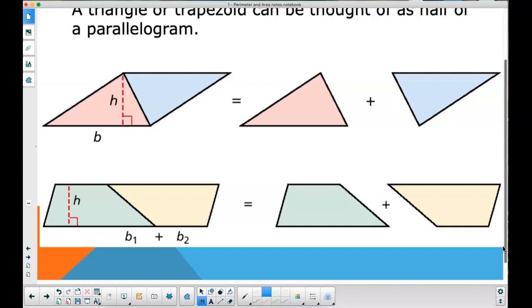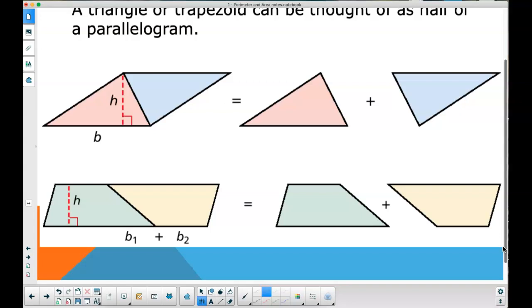Because I could set it like this, or I could set it like this. Everybody agree with that? Okay, so I'm going to call them base 1 and base 2. Now if I put these 2 trapezoids together to make a parallelogram, the base of the parallelogram is really base 1 plus base 2.